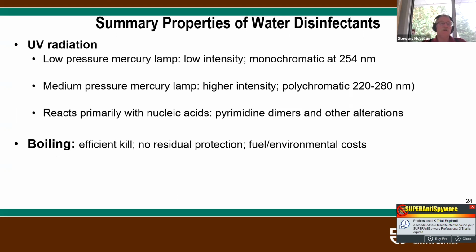Okay, UV radiation. Low pressure mercury lamp, low intensity, monochromatic at 254 nanometers. You can have medium pressure mercury lamp, higher intensity, polychromatic, 220 to 280 nanometers, reacts primarily with nucleic acids, pyrimidine dimers, and other alterations.